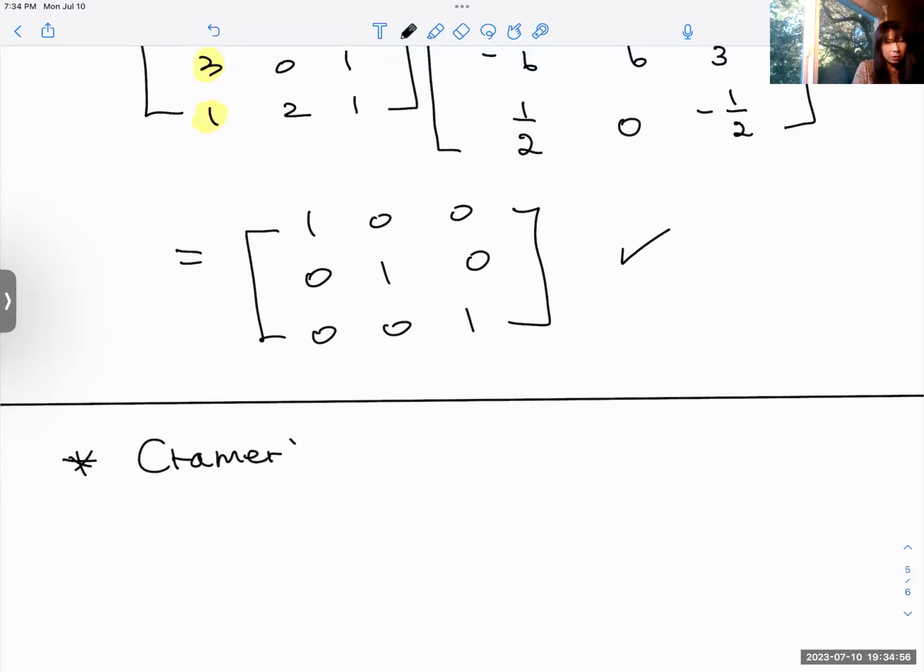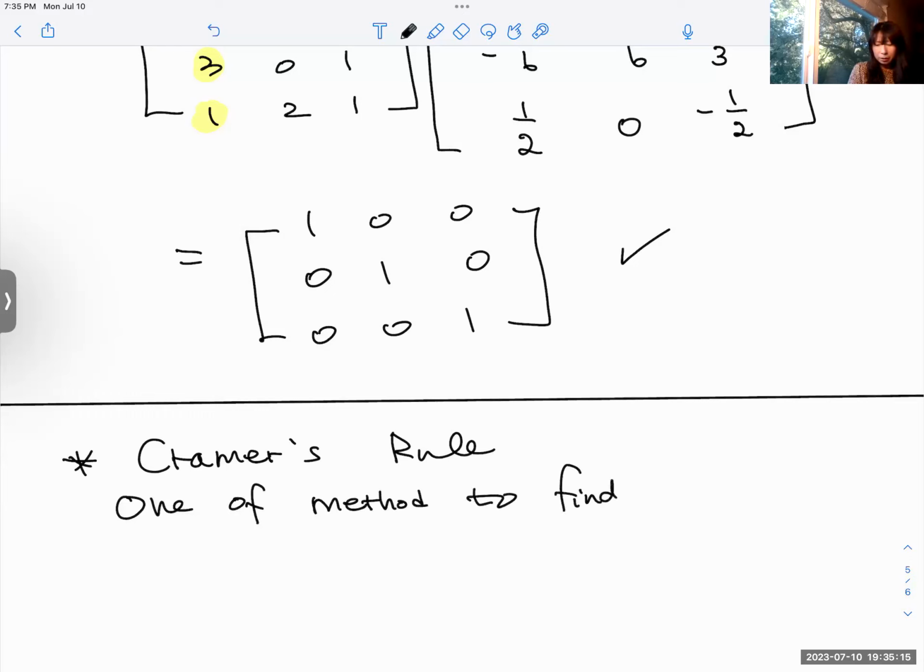Cramer's rule is the method we use to look for x, another method to find the solution.